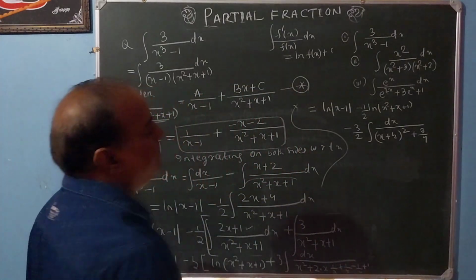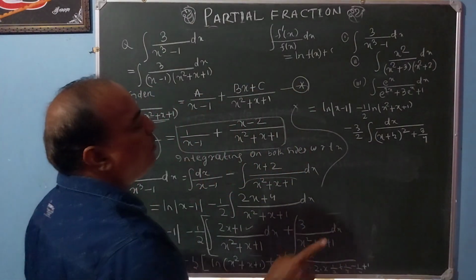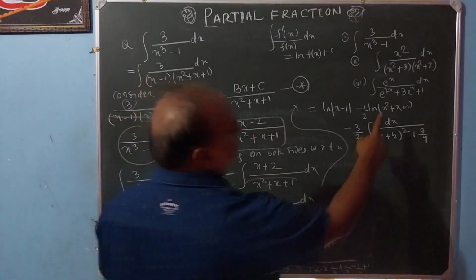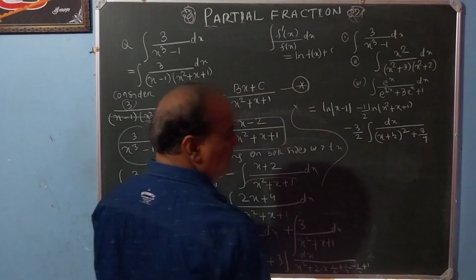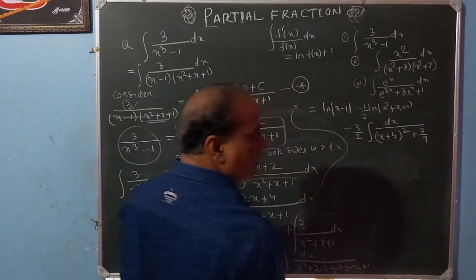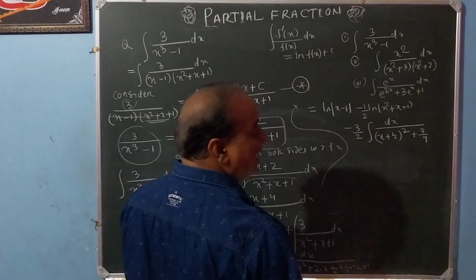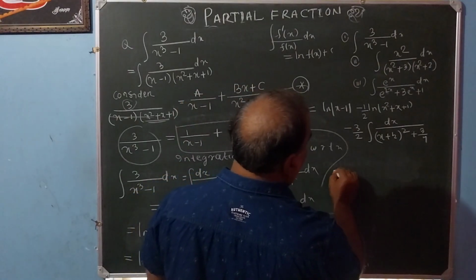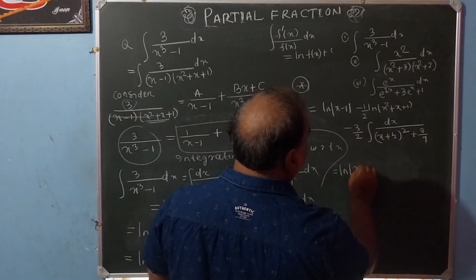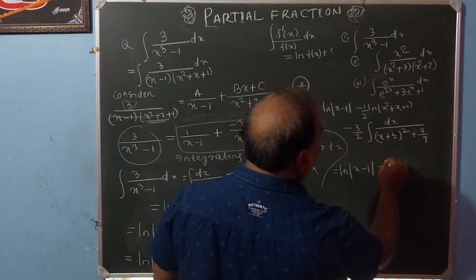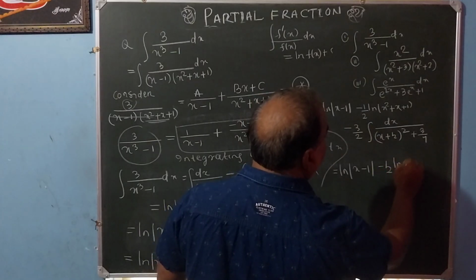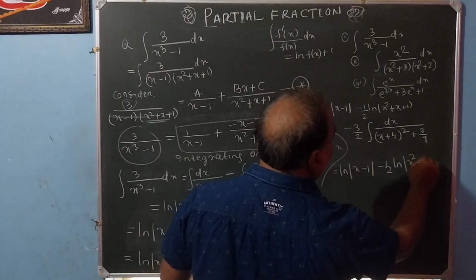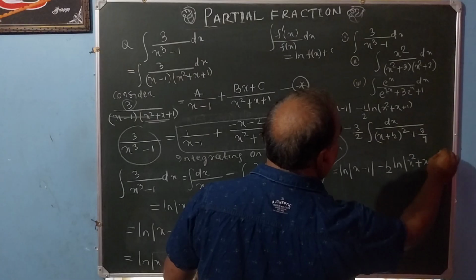So now we know one formula, dx by x square plus a square, that is 1 by a tan inverse x by a. Last step, write down ln(x minus 1) minus 1 by 2 ln(x square plus x plus 1).